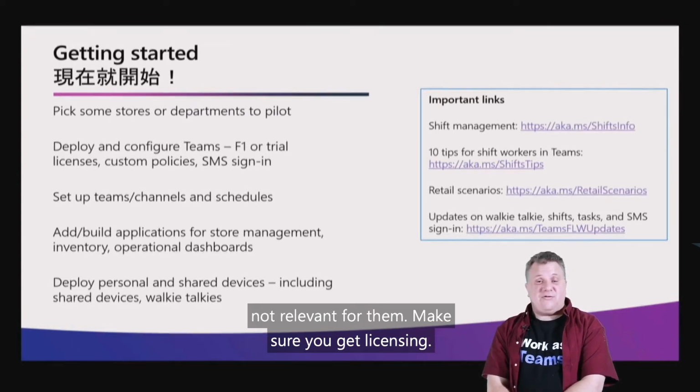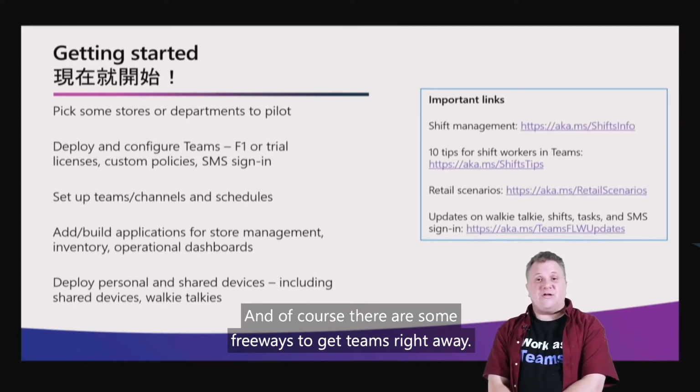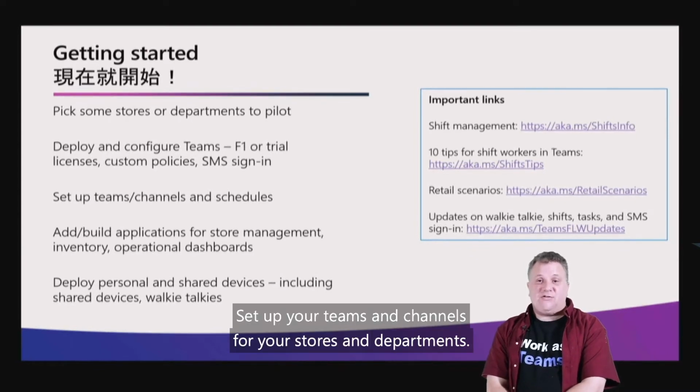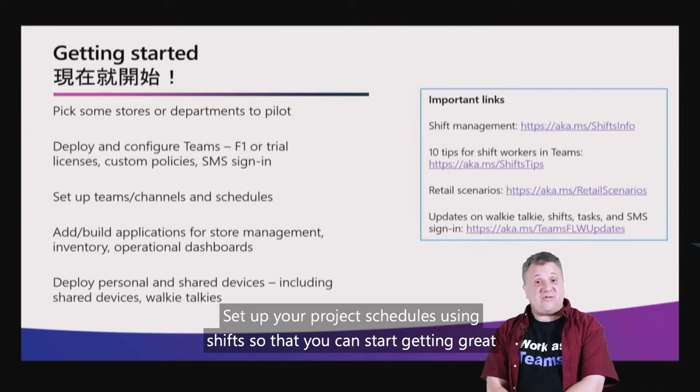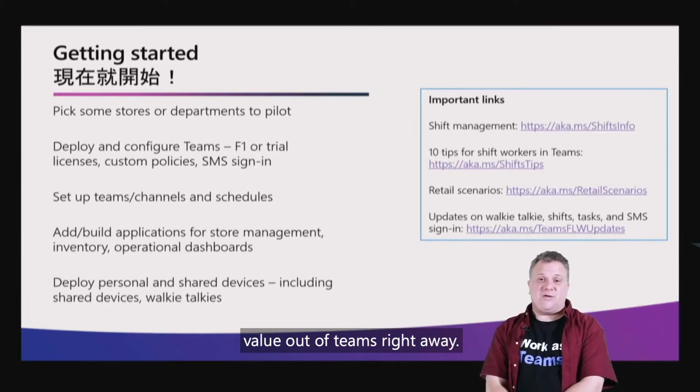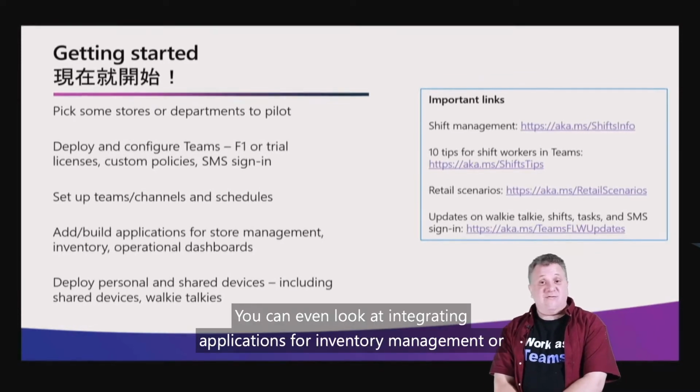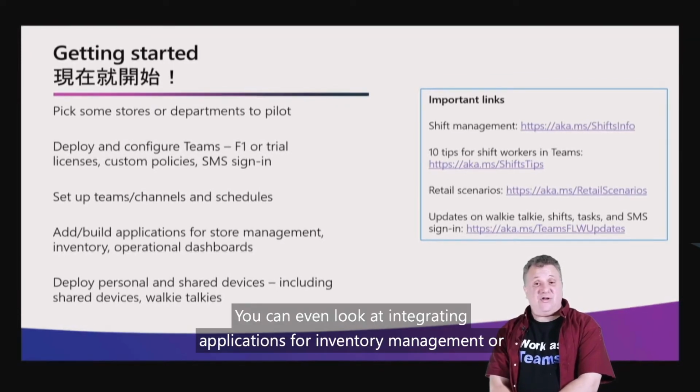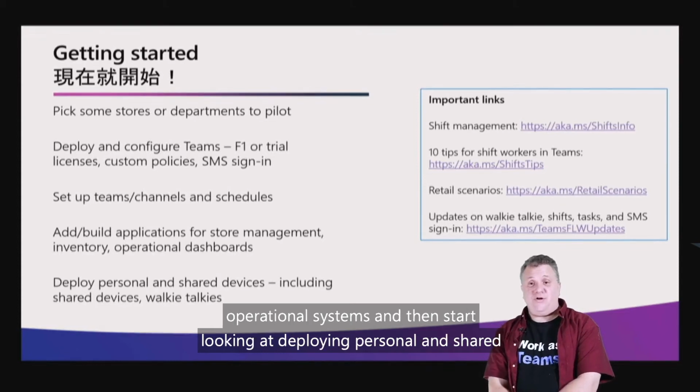Make sure you get licensing, and of course there are some free ways to get Teams right away. Set up your teams and channels for your stores and departments. Set up your project schedules using shifts so that you can start getting great value out of Teams right away. You can even look at integrating applications for inventory management or operational systems, and then start looking at deploying personal and shared devices.